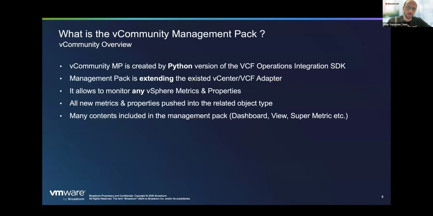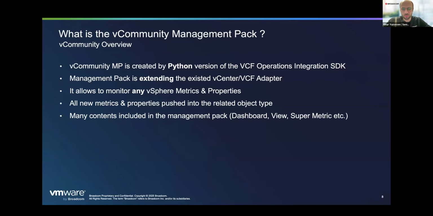So the vCommunity management pack is actually built with the SDK in the Python version, and it allows us to extend the current vSphere environments. So it's actually using your current integration to retrieve the object types, and this is how we can push our additional metrics.